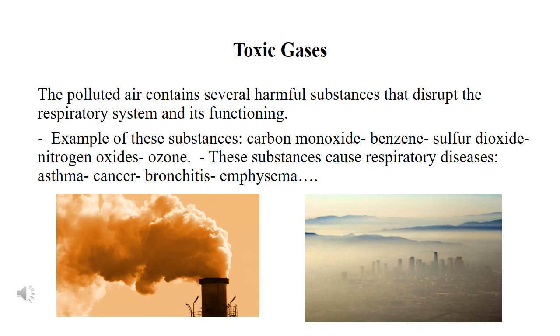Another important idea to be mentioned before I finish this video is about toxic gases. The polluted air contains several harmful substances that disrupt the respiratory system and its functioning. Examples of these substances are carbon monoxide, benzene, sulfur dioxide, nitrogen oxide, ozone.